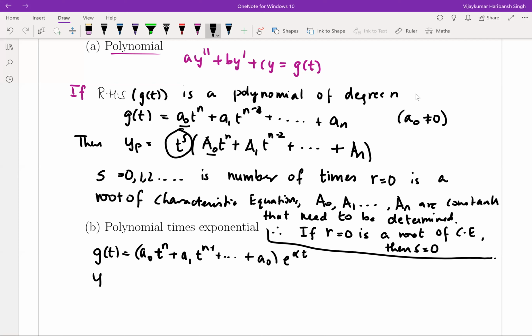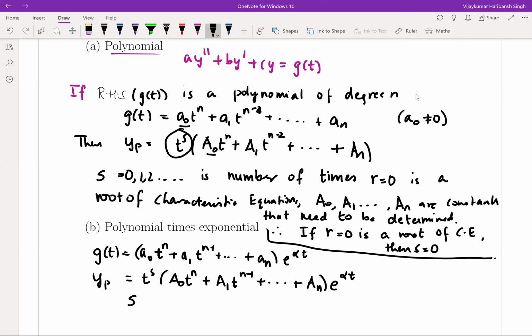We will take yp to be, again, t to the power s times a0 t to the n plus a1 t to the n minus 1 dot dot dot an, notation wise, times e to the power alpha t, again where s, so we need to decide what power of t should be there.